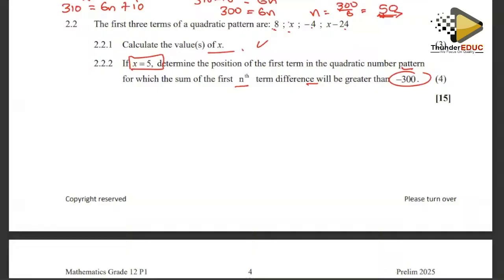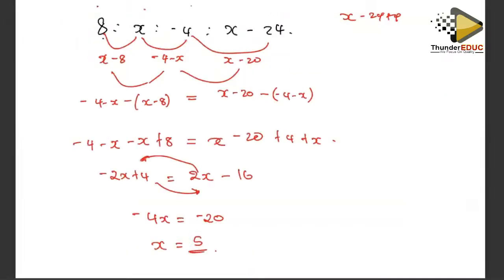So we need to get the nth term for the first differences. If x is 5, it's going to be 5 minus 8, which becomes negative 3, then negative 4 minus 5, which is negative 9, and then 5 minus 20 is going to be negative 15. The common difference is negative 6, negative 6.